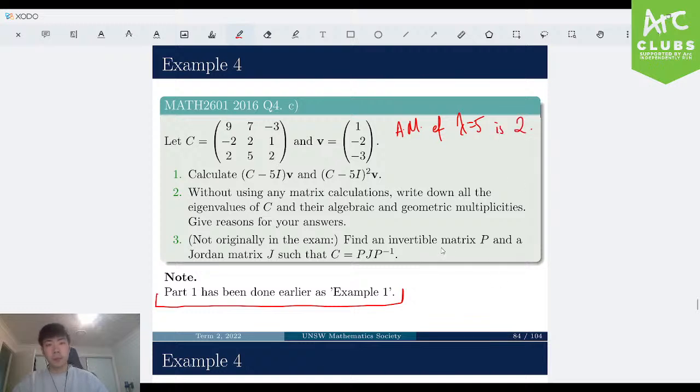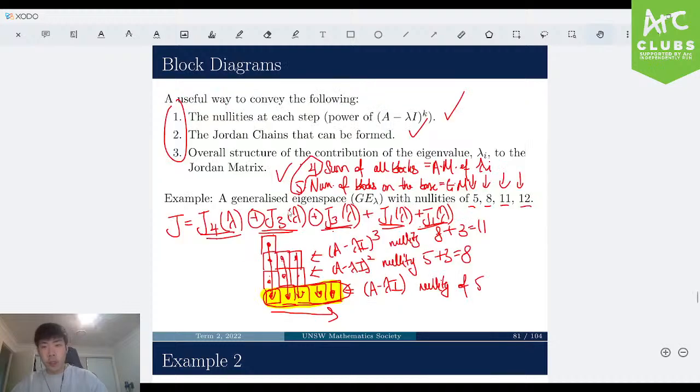Now, what about the algebraic multiplicity of the other lambda? We don't actually even know what the other lambda is at the moment. Well, we can actually already figure that out. Recall that in our block diagram, the sum of all of the blocks gives us our total algebraic multiplicity. So the sum of all these blocks, 1, 2, 3, 4, 5, 6, 7, 8, 9, 10, 11, 12, that will give us the algebraic multiplicity of that eigenvalue, correct?